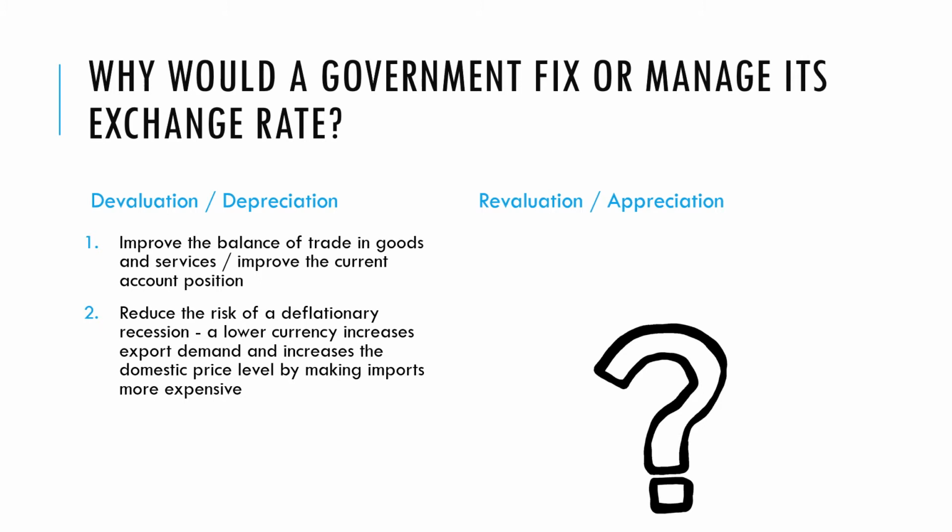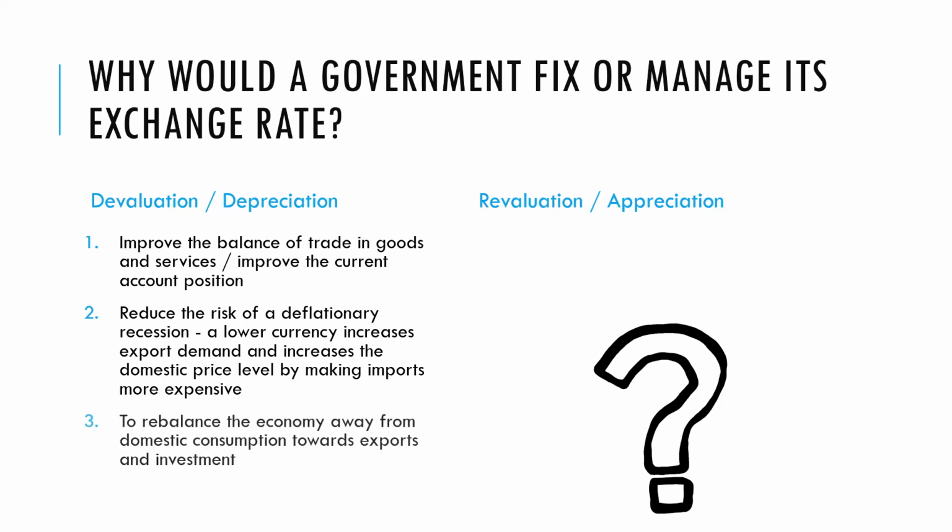A lower currency increases export demand and increases the domestic price level by making imports more expensive, so this might reduce the risk of deflation. It might encourage inflationary pressure. Also, this might rebalance the economy. We might think we're very heavily reliant on domestic consumption to provide economic growth, and so this might move us towards a more balanced makeup of aggregate demand.